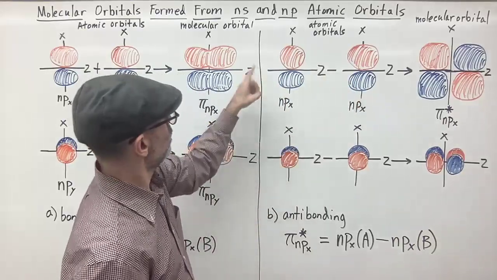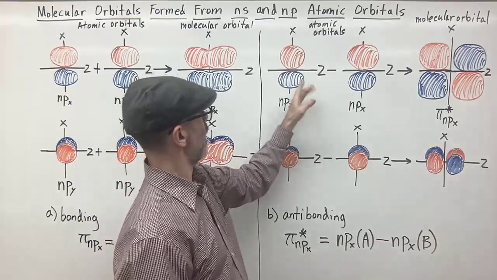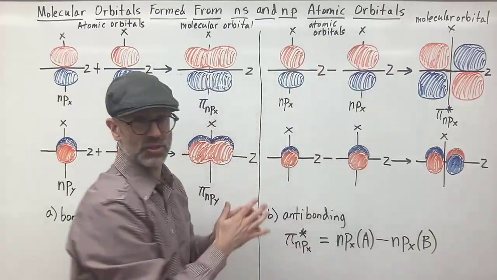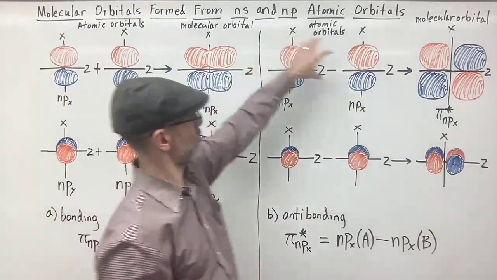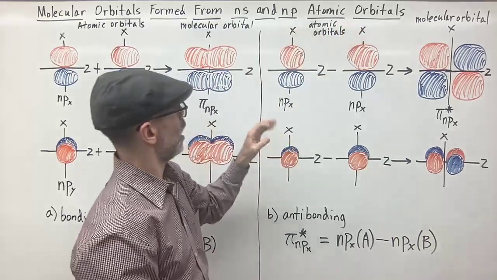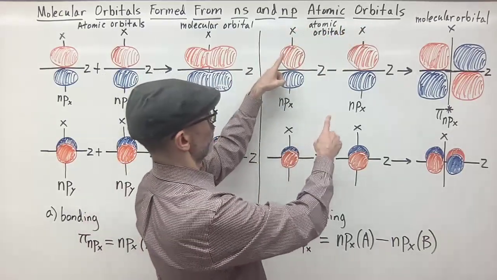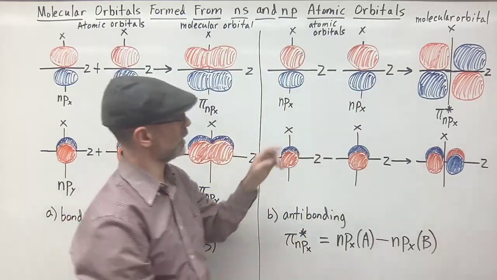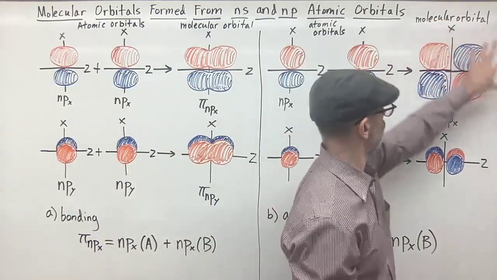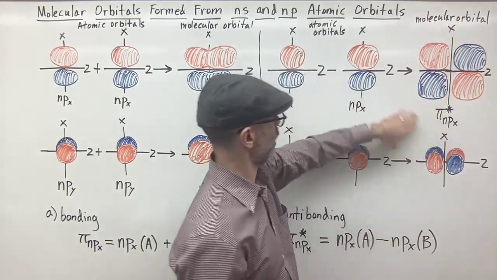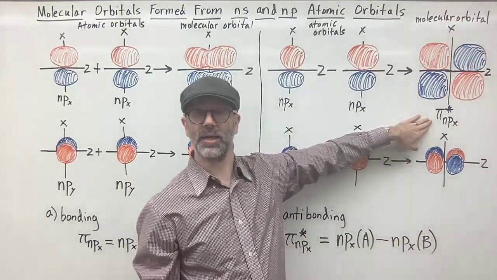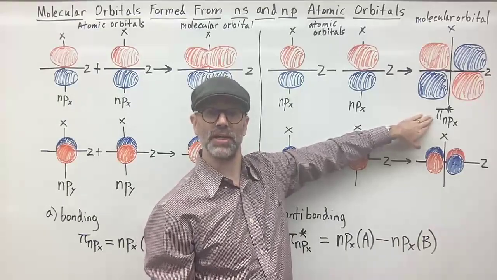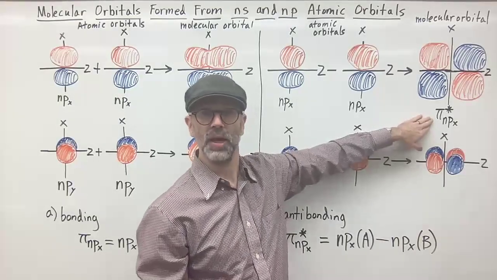Even though I have positive next to positive here, by convention we have the positive on top. But if you have positive with a negative, that's going to destructively interfere, and then you get this molecular orbital, your pi npx star. This is an anti-bonding molecular orbital.